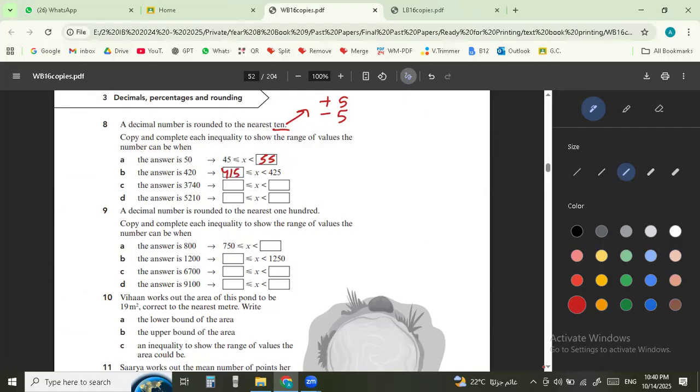Add 5, 425. The answer is this. Minus 5, 735. Add 5, 745. Minus 5, 505. Add 5, 515.